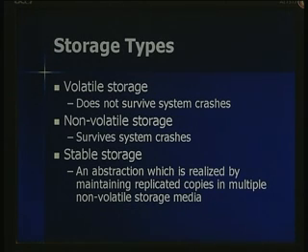Non-volatile storage survives these crashes. That means whatever you write into the storage is not lost when the system crash occurs. A simple case is that whatever is in the main memory is lost when the power goes, whereas if you have written it onto your hard disk, it survives a power failure.